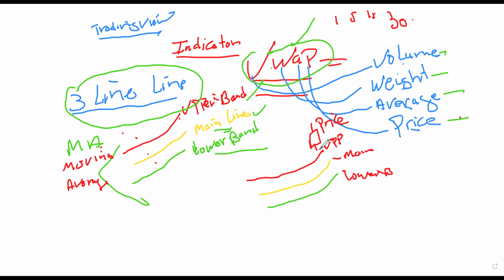Whenever the candles are above the upper band, that means the stock is overbought. That's for whatever timeframe, 1 minute, 5 minutes, 15 minutes. At this time the stock is overbought.